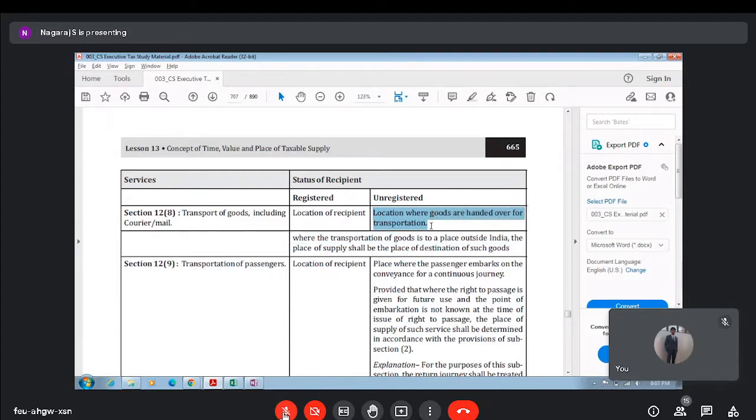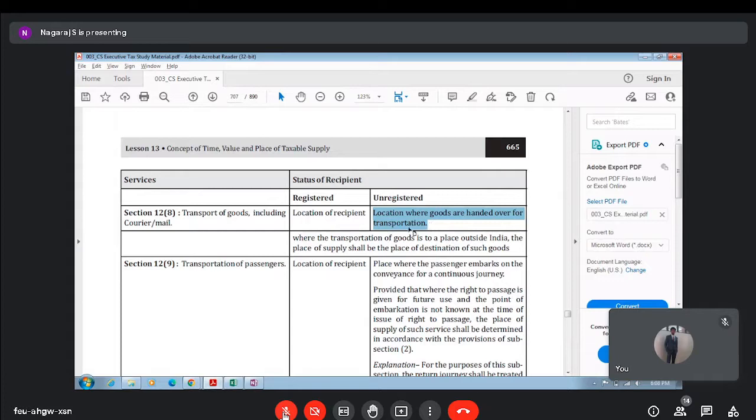That means you want to send an application to the New Delhi CS office. You will go to a professional courier in Bangalore and hand over the application to them. Where you are handing over, that place will be the place of supply. Why? Because you are registered or unregistered? Unregistered. If you are registered, then where your registered office is, that place.